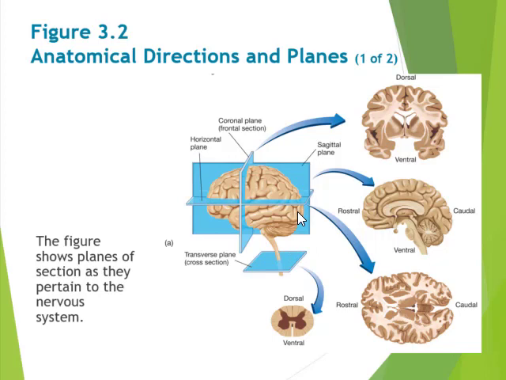And in this cross-section of the brain divided into top and bottom halves, this is the horizontal plane, you can see, again, still the rostral and the caudal, right? But no longer do we have a ventral perspective because we're looking at the top or the bottom half of the brain.